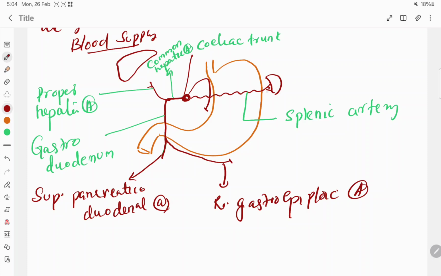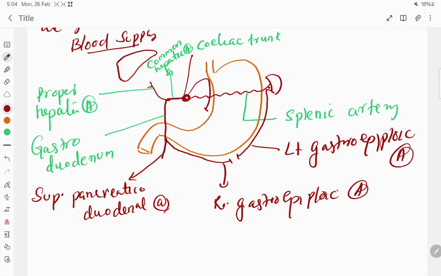From the splenic artery there arises a branch along the greater curvature that is known as the left gastroepiploic artery. From the common hepatic artery there arises the right gastric artery, and here we have the left gastric artery.